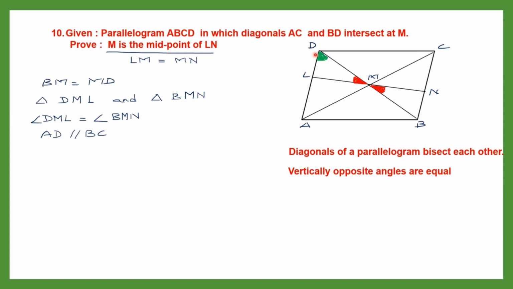Both these angles in green will be equal. Why? They will be interior alternate angles, and interior alternate angles are equal.